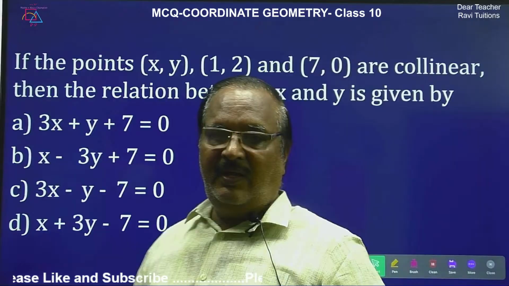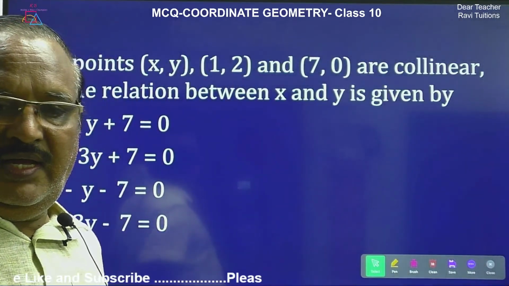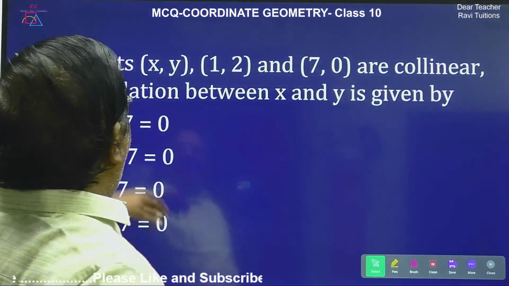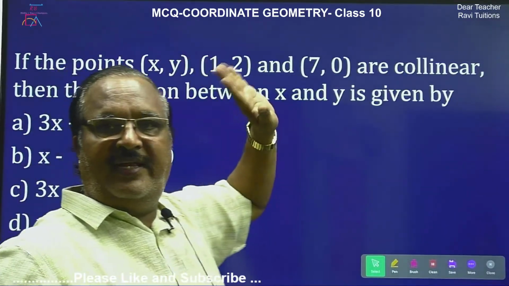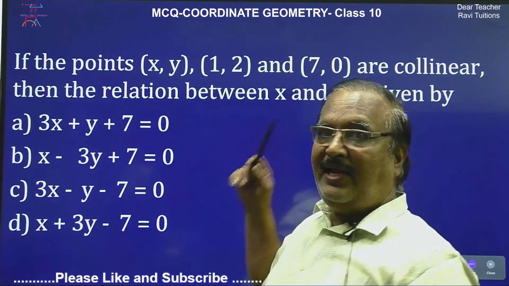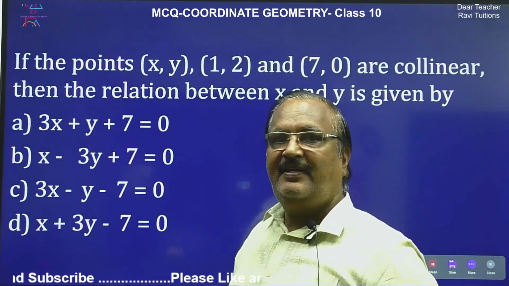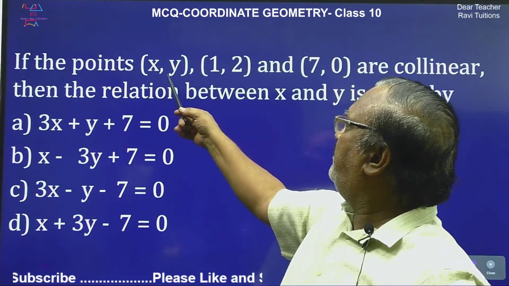Now, another question. XY 1, 2, 7, 0. They are collinear. Collinear means they form a straight line, and straight line means there should be an equation, a linear equation. So, which linear equation belongs to this?